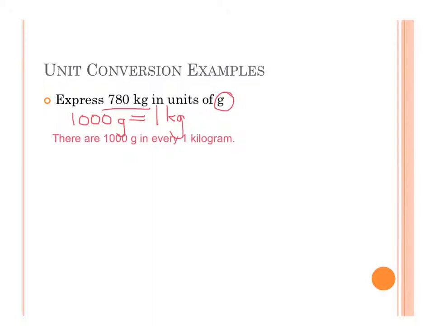Now that we know how we're going to get from our starting point to our answer, I'll set up the problem, starting with what's given in the problem, 780 kilograms, and then I'm going to multiply by my conversion factor as a fraction, again putting the units I want to get rid of in the bottom and the units I'm trying to get to in the top, making sure that my numbers match up with their labels.